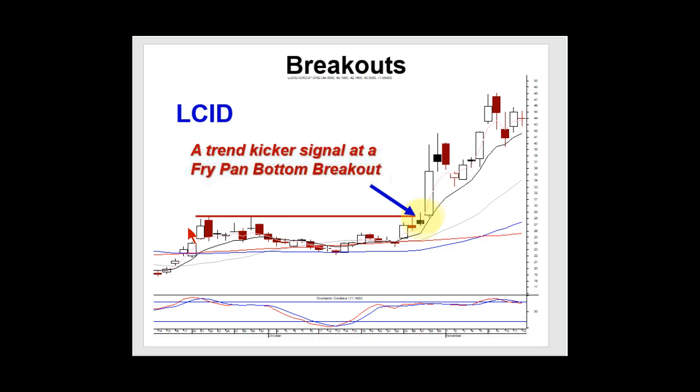So this is why I always advocate use the fry pan bottom as one of your major trading patterns, because not only does it allow you to see when it's working, it's usually a breakout to the upside, which again has 3 strong benefits to it.